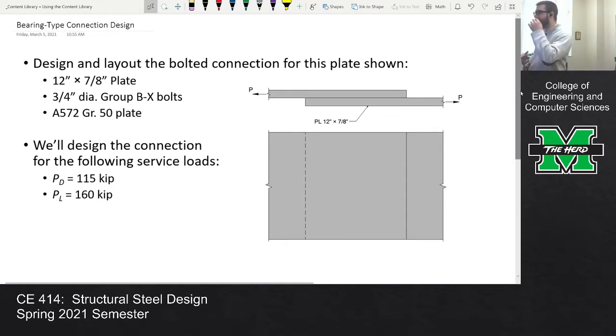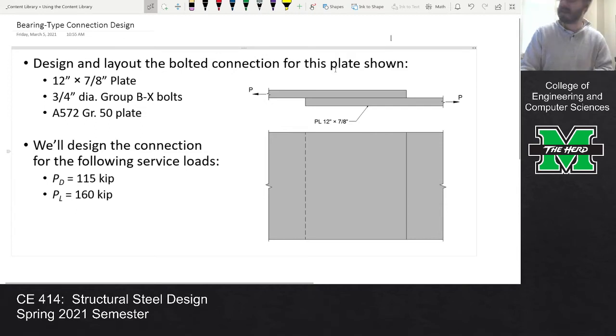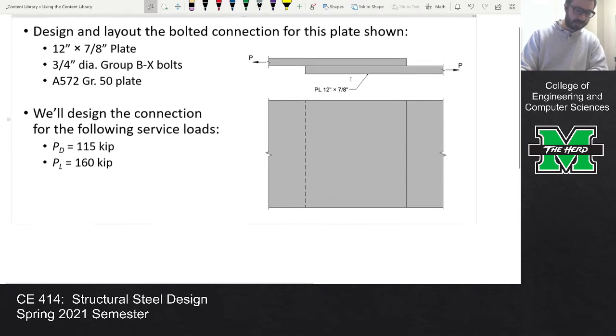Okay, so here's the member that we're going to design, here's the connection that we're going to design. We've got our loads, we've got all of our data that we need for the connection. So let's just get right to it. First thing that we need to do is factor the load.